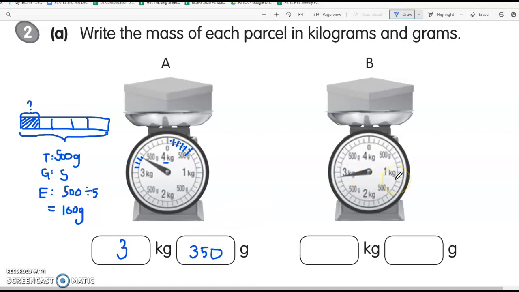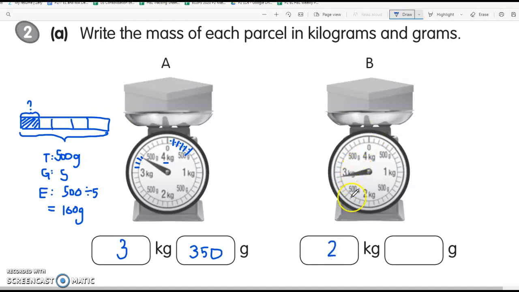So now let's look at parcel B. It has the same weighing scale. Okay. So let's fill up the kg first. This needle moves and passes 2 kg. It is between 2 kg and 3 kg. So which one do we take? 2, right?